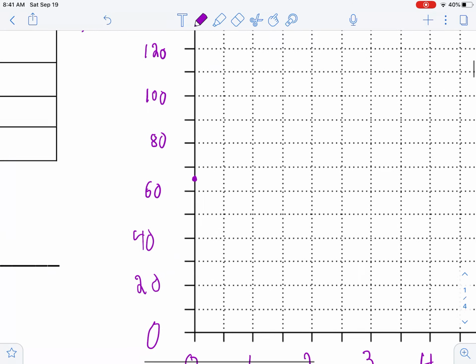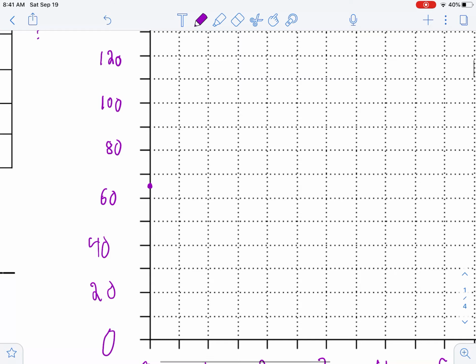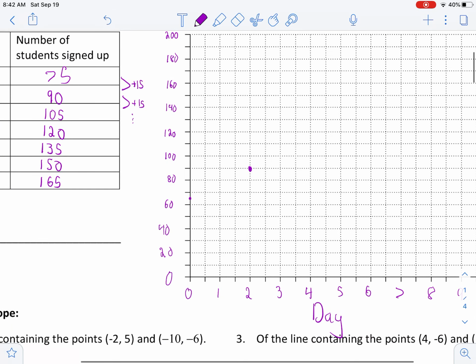Okay, and then at time 2, we're up at 90. So that would be right there on my graph. At time 4, we're at 105. And 5 is right about there, and I'm just checking to make sure that I didn't goof anything up.